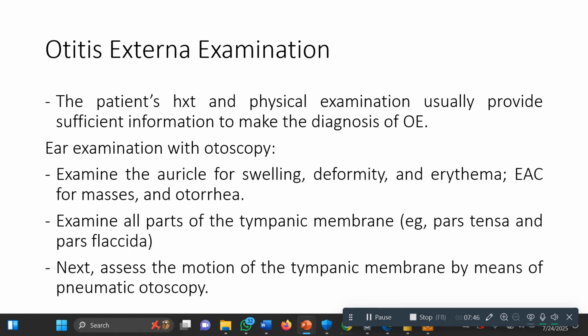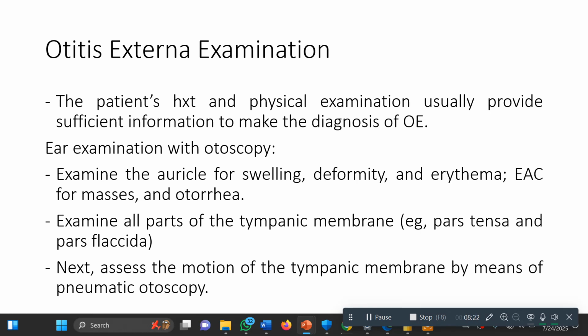On examination, a good history and physical examination usually provide sufficient information to make a diagnosis of otitis externa. Ear examination with otoscopy can show swelling, deformity, and erythema, and even masses within the external auditory canal. Examining the tympanic membrane will show the pars tensa and pars flaccida, which are pointers to infection.